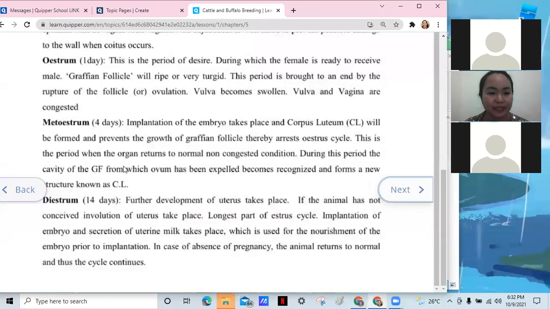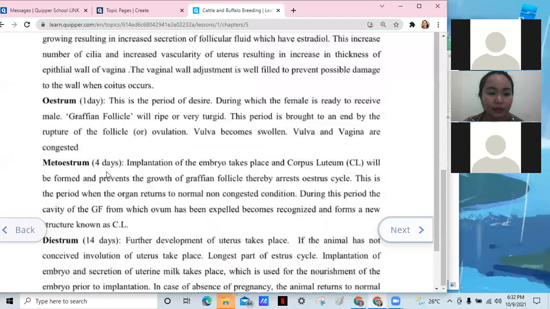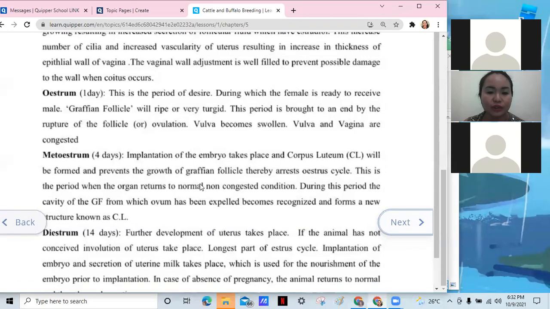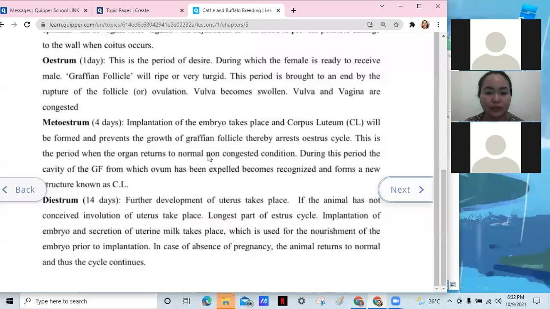So next is for 4 days the metoestrum, implantation of the embryo takes place, and the corpus luteum or the CL will form and prevents the growth of the Graafian follicle, thereby na-arrest na ang estrous cycle. So this is the end na, kasi supposedly na-implant na yung embryo, na-fertilize na siya.